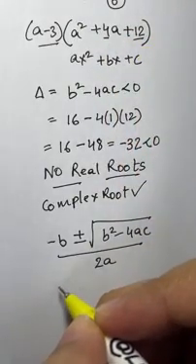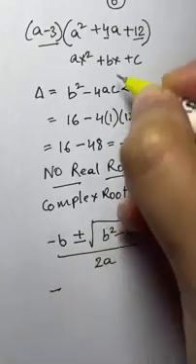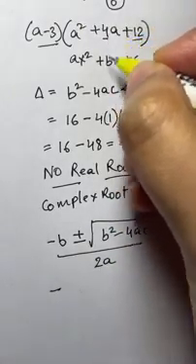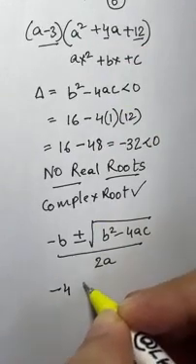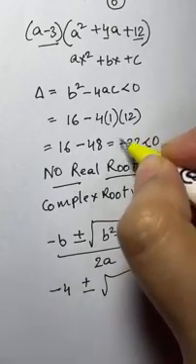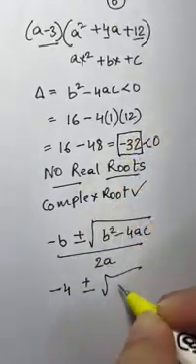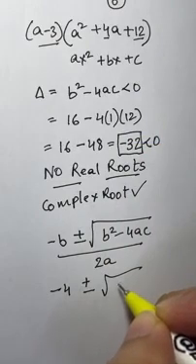So let's write down negative 4, plus or minus the square root of b squared minus 4ac. You have already found it's negative 32, so I'm going to write that down, negative 32.